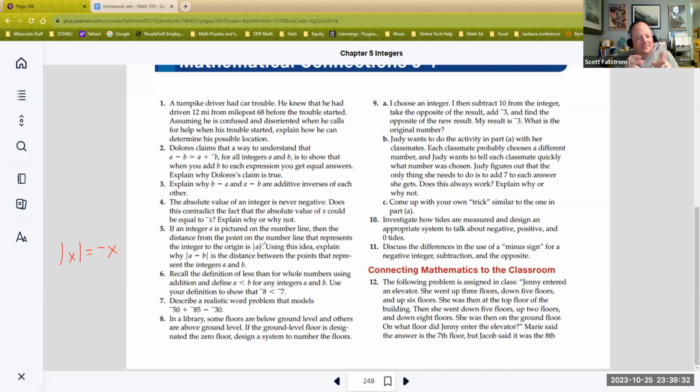So again, absolute value of a gets you distance from 0. When you're doing something like a minus b, it's just the distance of a minus b to 0.